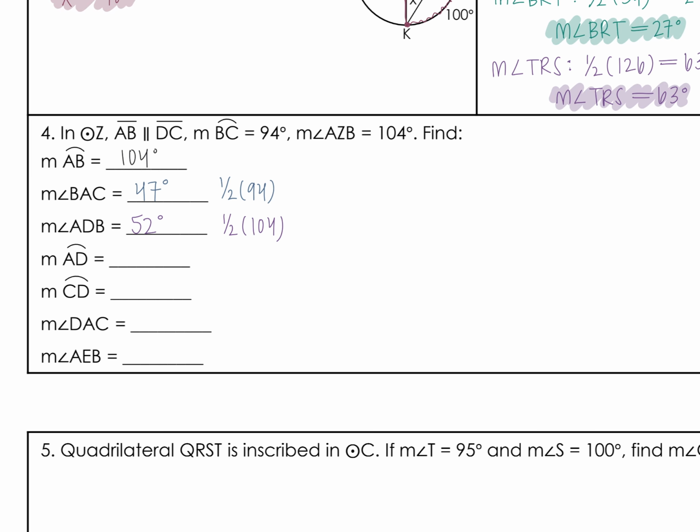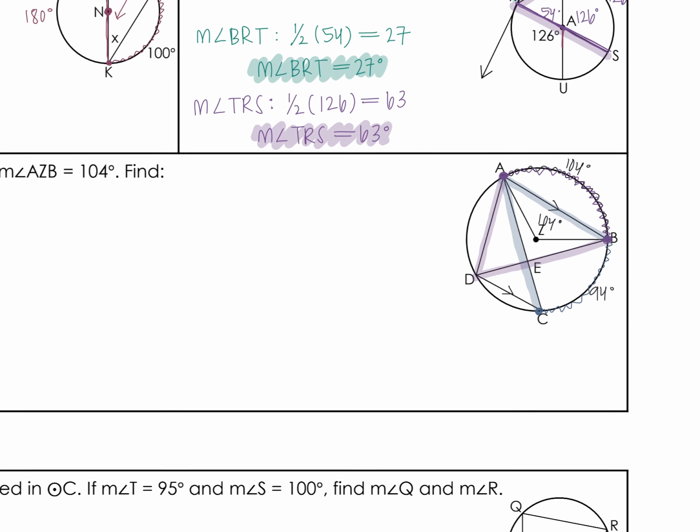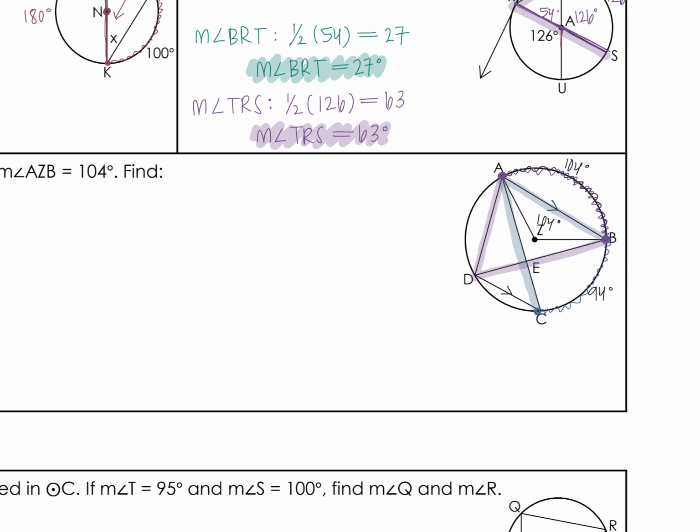All right, now let's move into the measure of our arc AD. So we're going to try and find the measure of arc A all the way to D. We're probably going to need to look and see what kind of angles are going to be formed from that. I'm looking at A and D, and I'm going to have this angle being formed.